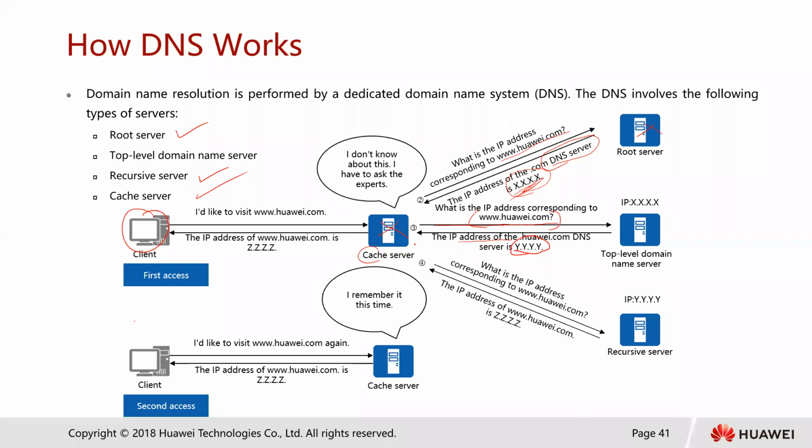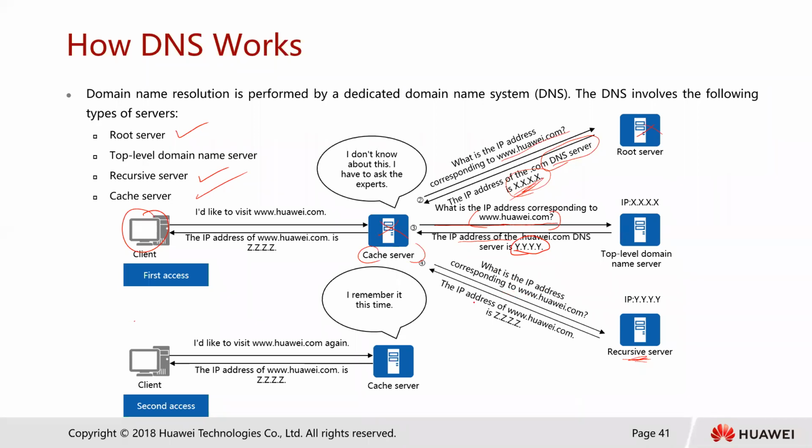And this cache server will help us to go ahead and ask our DNS server, kindly help me with the IP address for this. And then it will tell it that the address of Huawei's DNS server is that. And then it looks at the recursive server where this domain resolution is stored and asks what is the corresponding IP address to this.